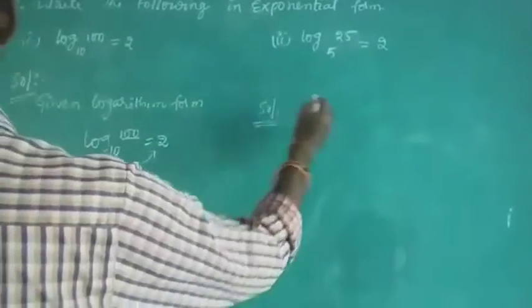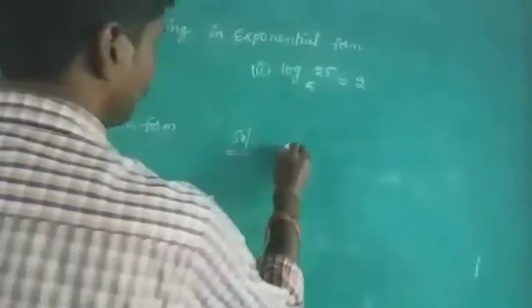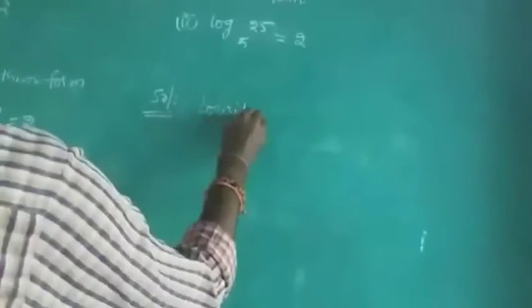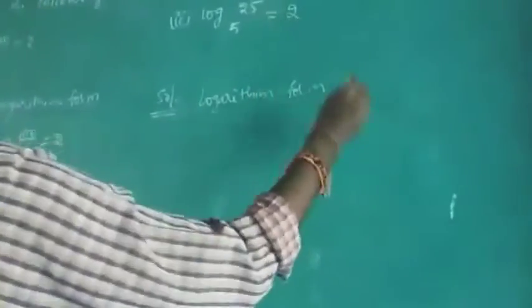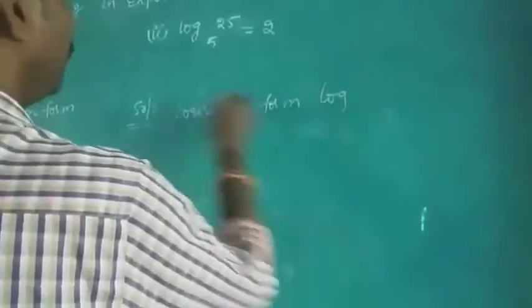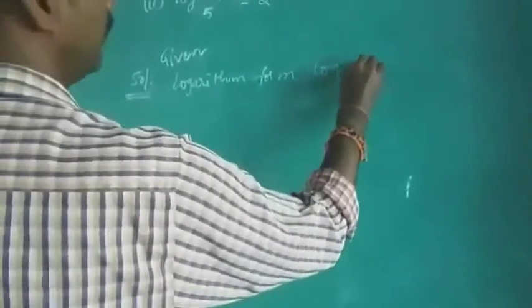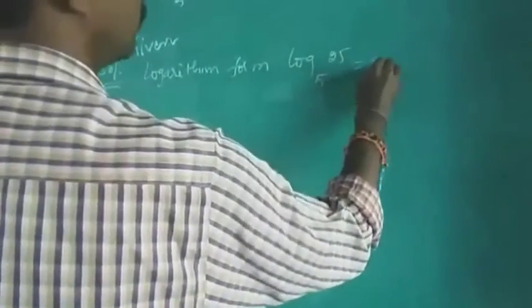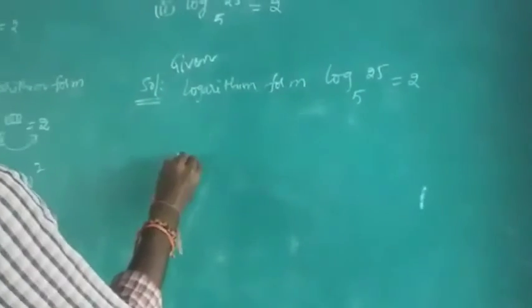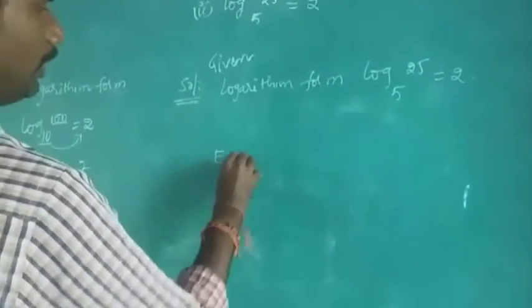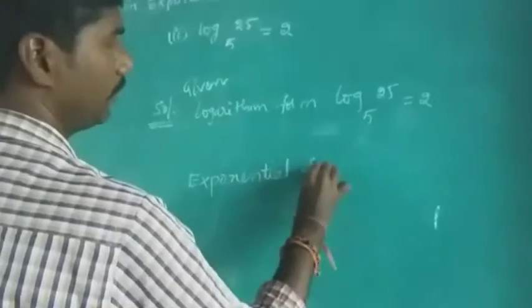Then this one also you can write. Given the logarithmic form, log base 5 of 25 is equal to 2, you are changing it into exponential form.